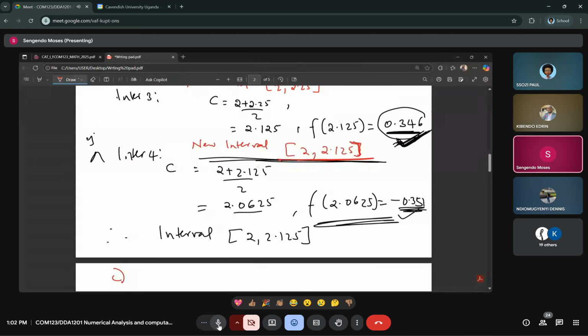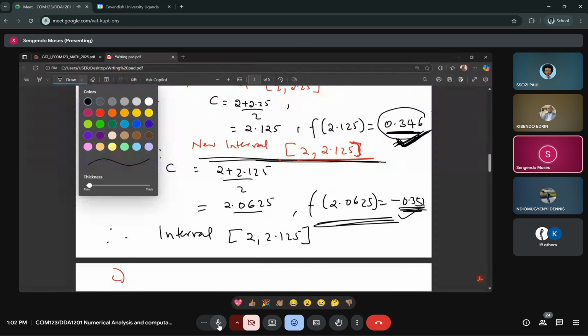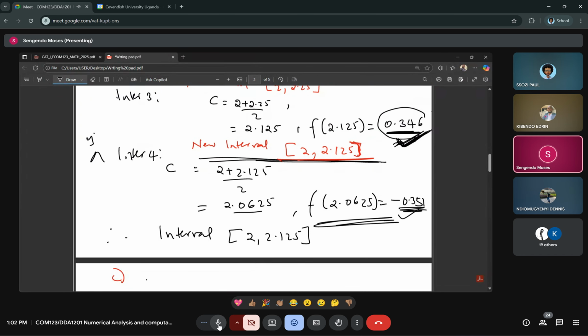What value did we get? The approximation of the root is 0.346. Okay, this one is in 3DP. That should be easy for us.